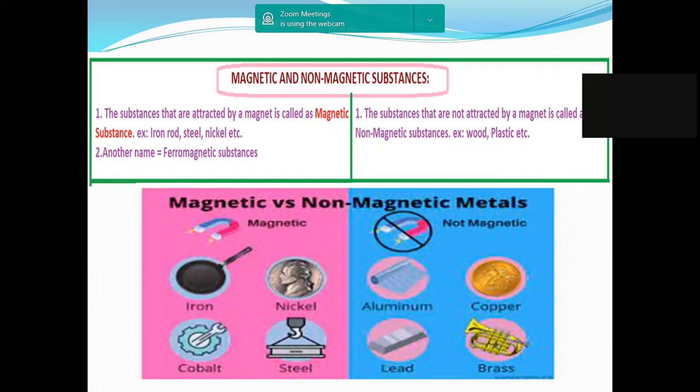You can take help of it and can easily understand that iron, cobalt, steel, nickel, etc. are examples of magnetic metals. Talking about aluminium, copper, brass, lead, these are examples of non-magnetic metals. So these are two sorts of substances, magnetic and non-magnetic.